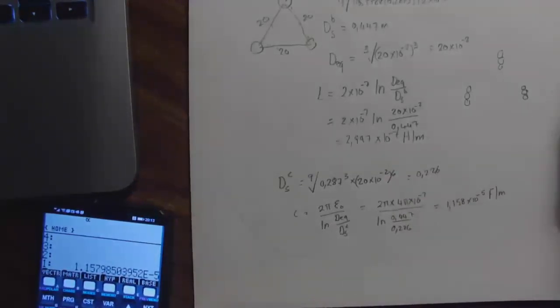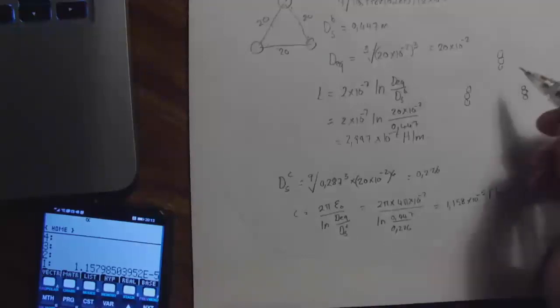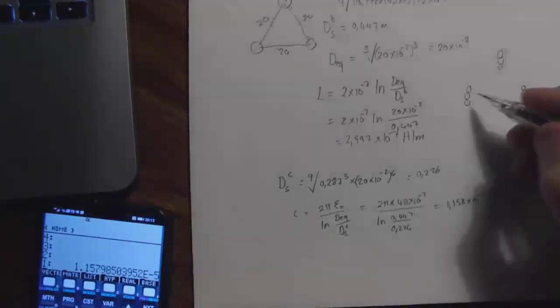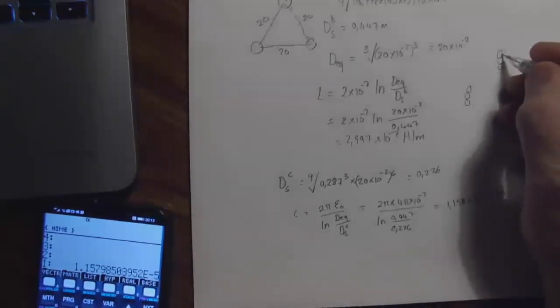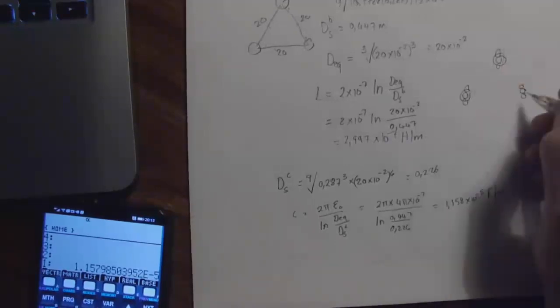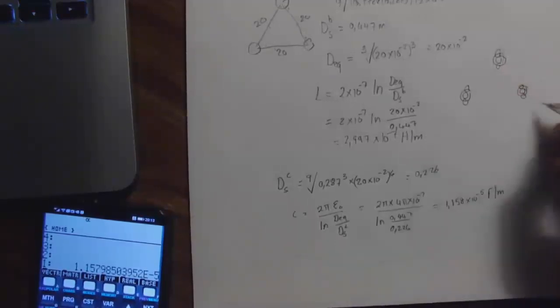So those are two cables, spaced. Those are three conductors tied together so that you find D equivalent or DS of the bundle. And then you use the same principle again.